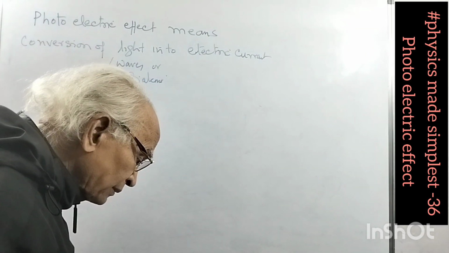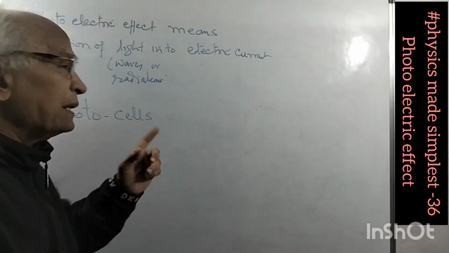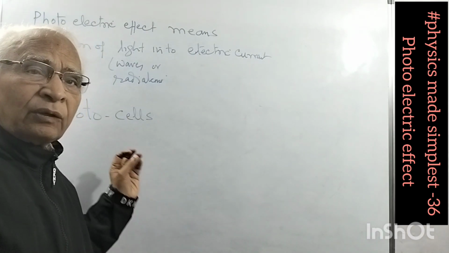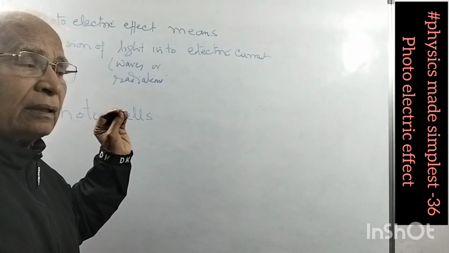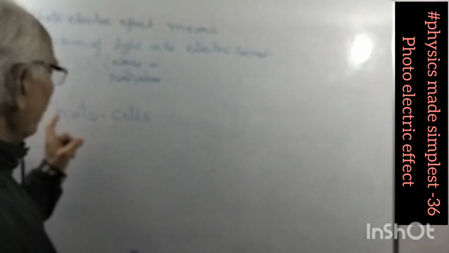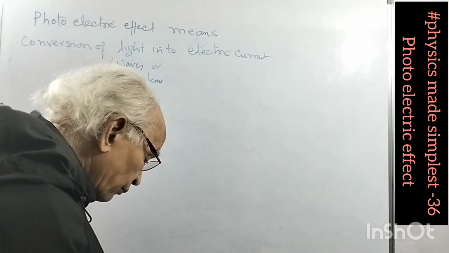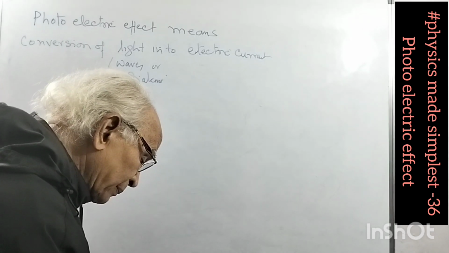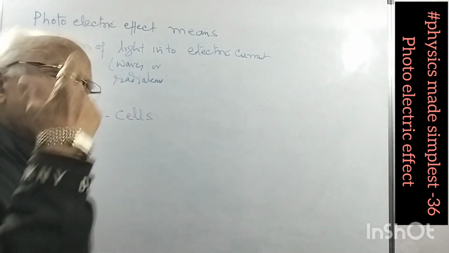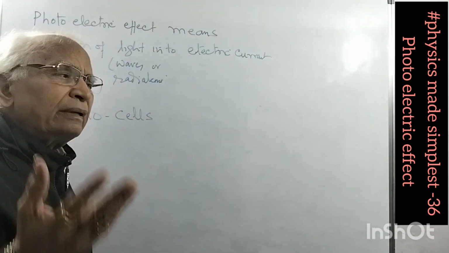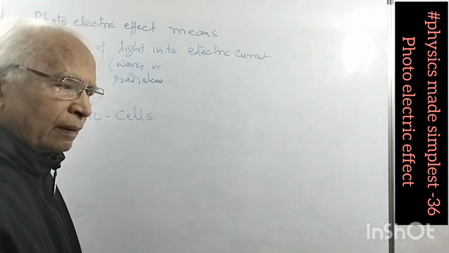So the photoelectric effect can be used in photocells. Photocells mean you convert one type of energy, that is the radiation, into the current. So the photocells have tremendous applications. Photocells are used in various industries, all different types, wherever we want to convert one form of energy into electric current.